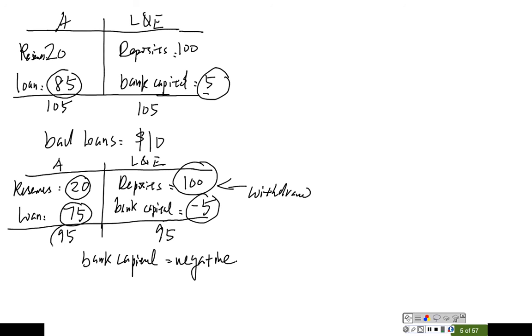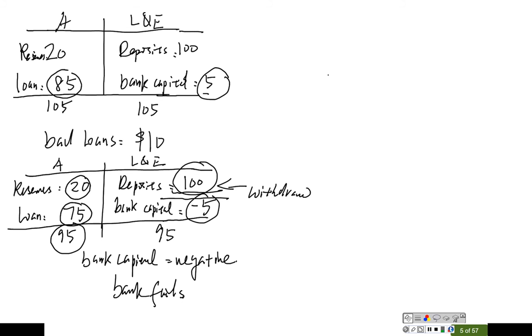So all the assets converted into cash equal $95, which is less than the liability. So even if the bank liquidates all the assets, it still cannot meet the withdrawal requirement. That's the reason the bank fails in this case. So bank capital cannot fall below zero. Otherwise, the bank fails.